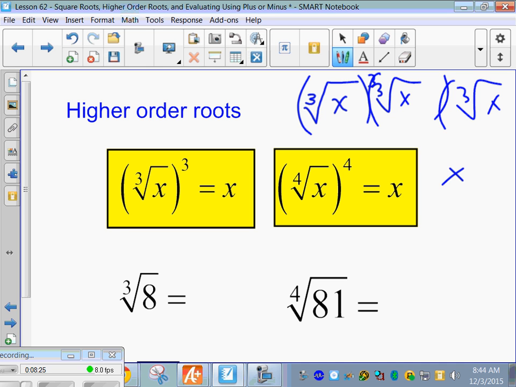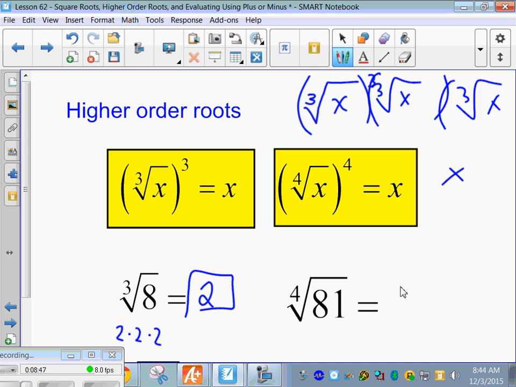Okay. So what's the cube root of 8? Ben, what do you think? It is 2, right? Because this number multiplied 3 times is 8. For the next one, we're looking for a number multiplied 4 times to get 81. Leah?